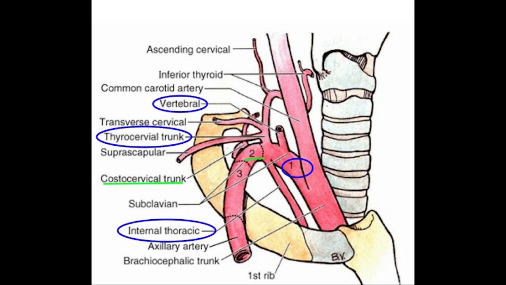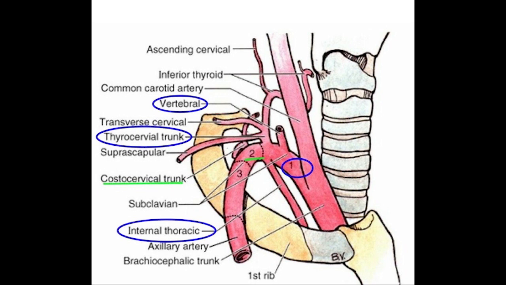You can see here, these two arteries run in front of the prevertebral fascia, between scalenus anterior behind and the carotid sheath in front. Here, there are 3 arteries branching from the first part of the subclavian artery.